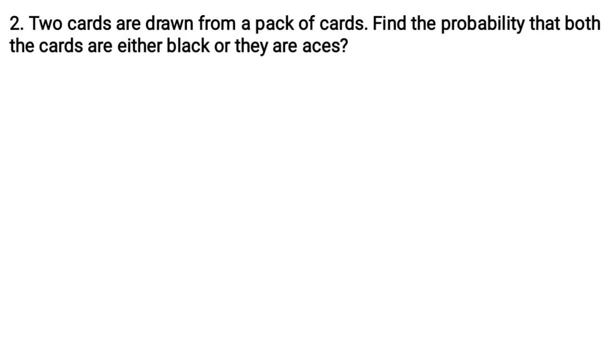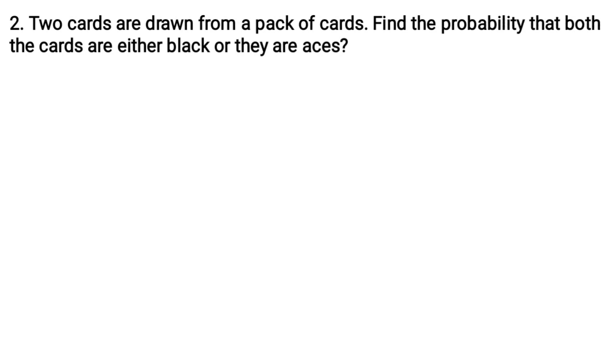Let's now see how we can answer this other question. Two cards are drawn from a pack of cards. Find the probability that both the cards are either black or they are aces.